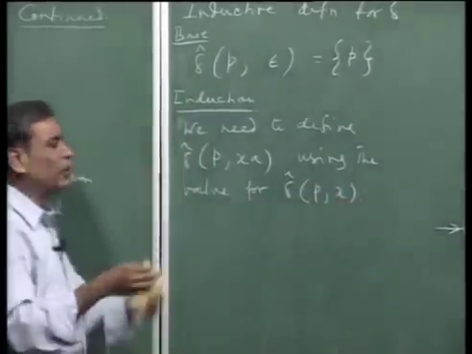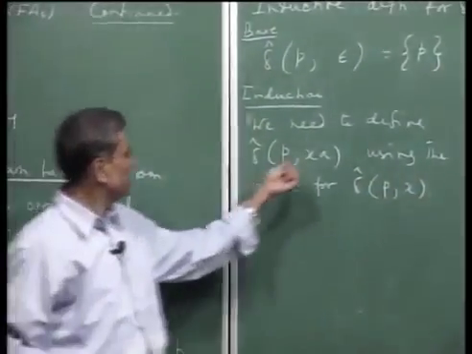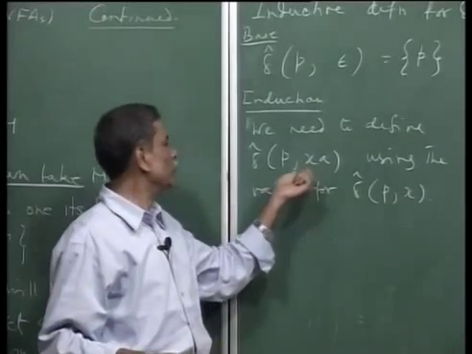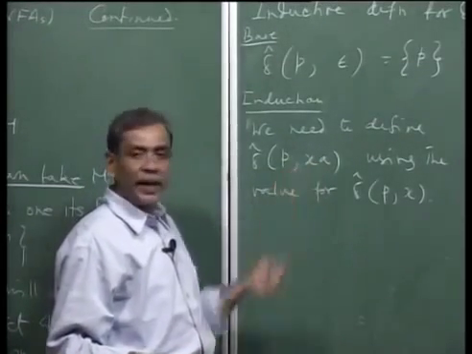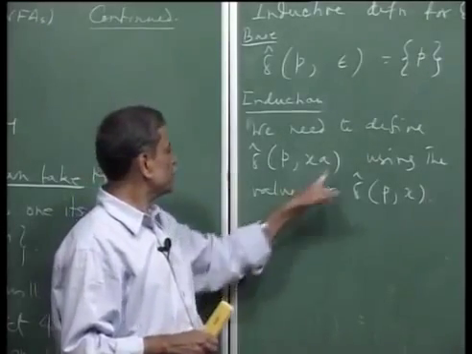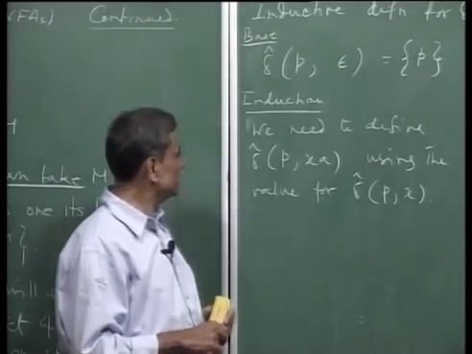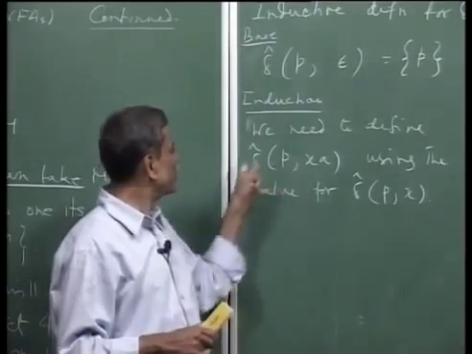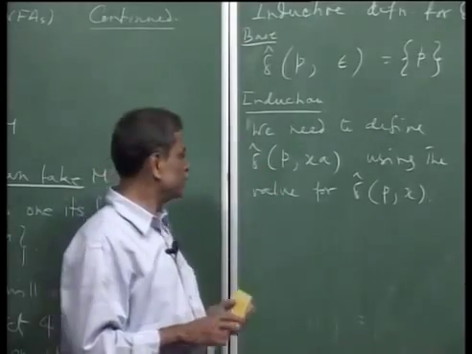Right? This is how all inductive definitions go: supposing you already know how to do it for the string x, then a new symbol a comes, which is added to its right. Then for the string xa, what will be the value of delta hat?